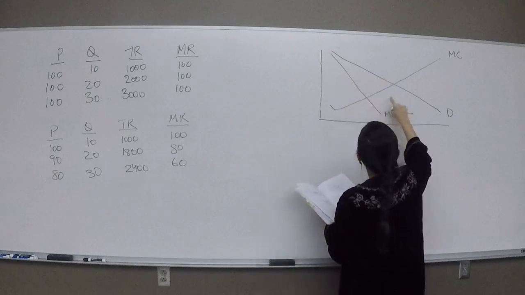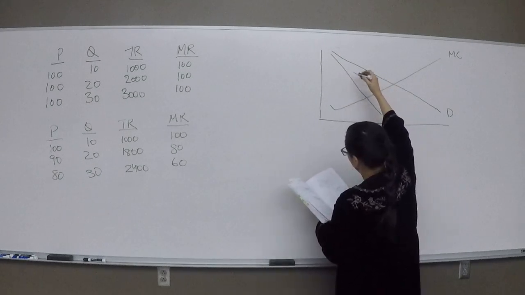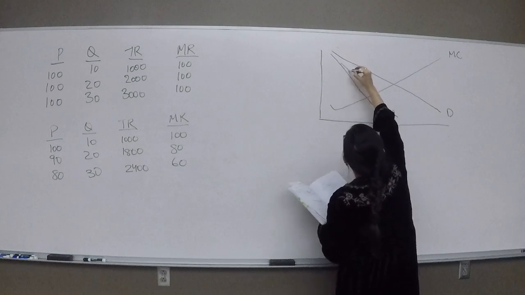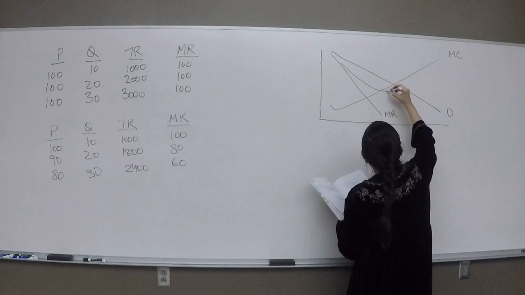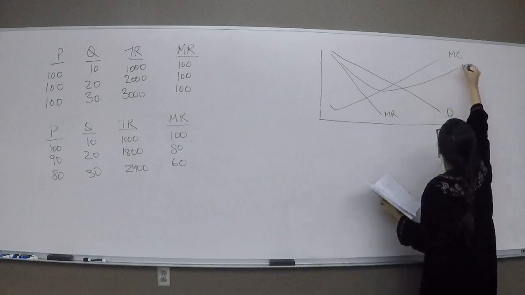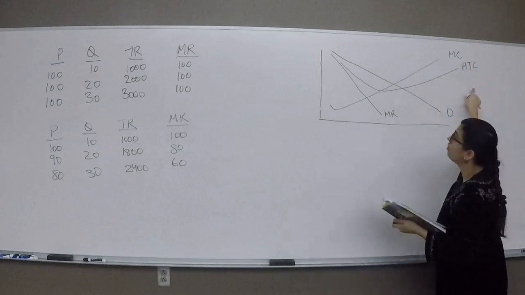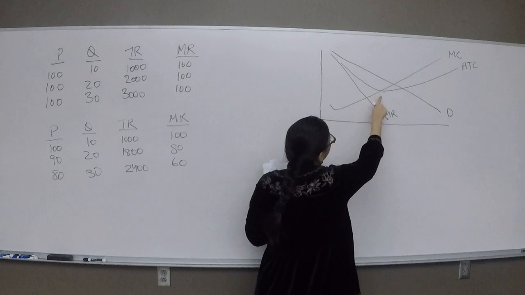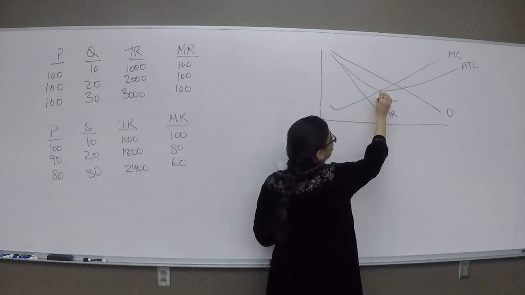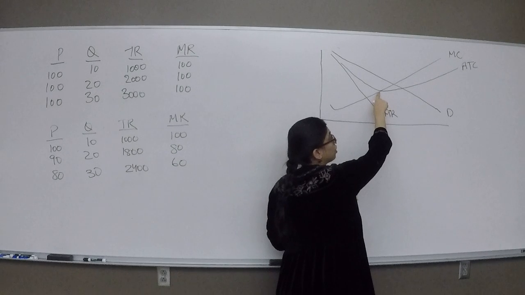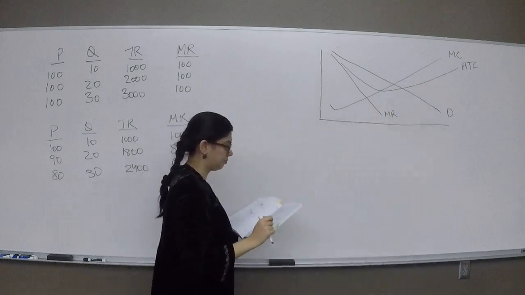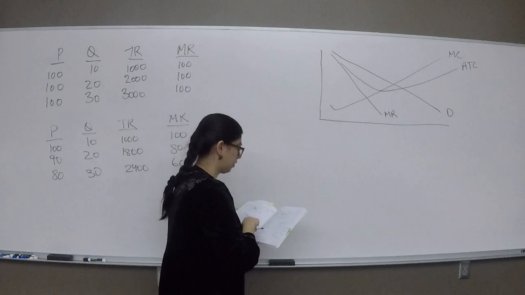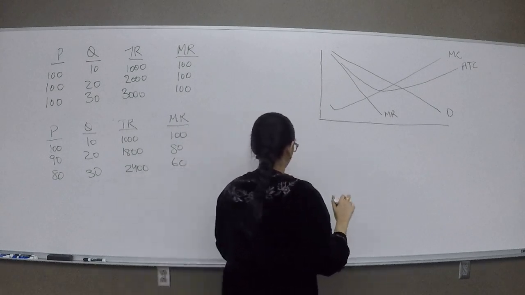Okay, so this is your average total cost curve. Where it intersects with marginal cost, it's decreasing, but as soon as it intersects with marginal cost, it starts to increase after that. So that's it for curves.